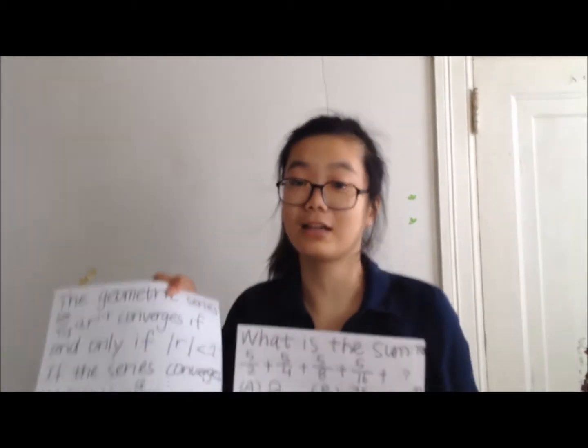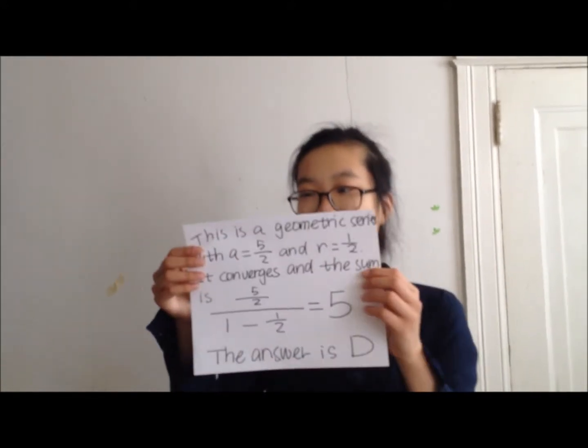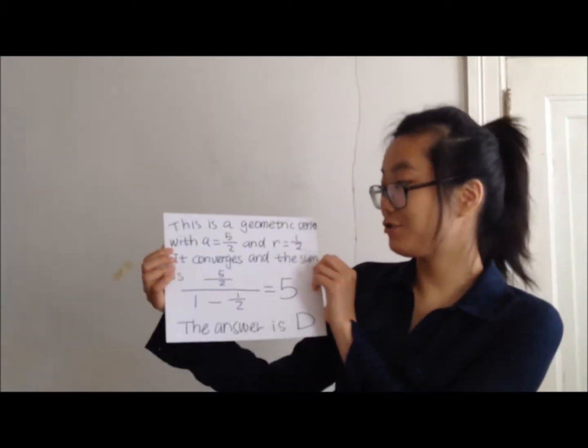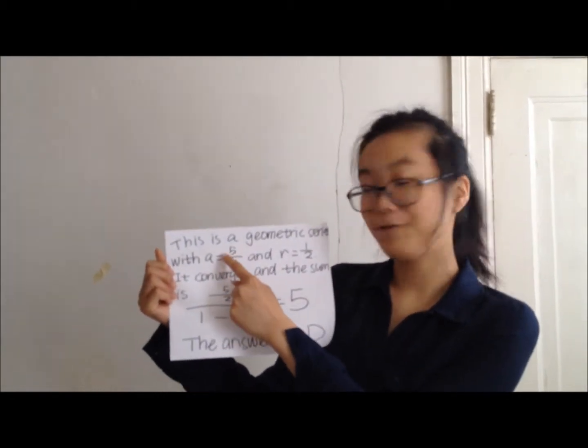Let's see, we can use the formula of this one since it converge. A over 1 minus R. Are you ready for answer? Yes, this is a geometric series with A equal to 5 over 2.